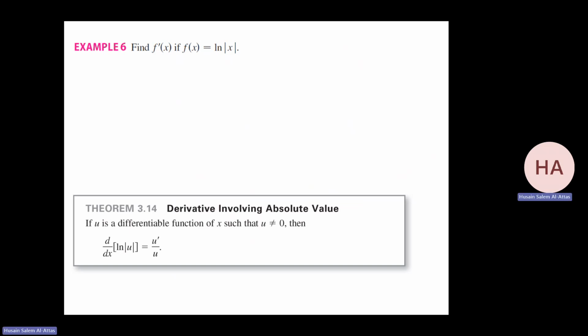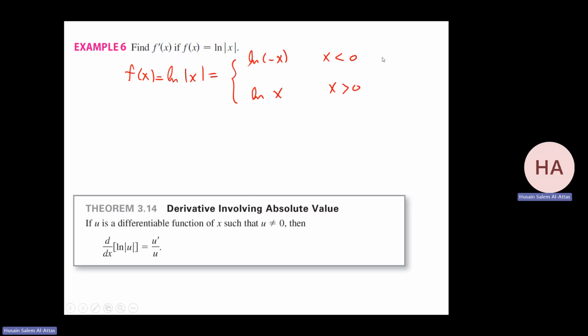Okay, what about ln absolute value of x? If you think about this function, ln absolute value of x, this will be ln of minus x if x is negative, ln x if x is positive.